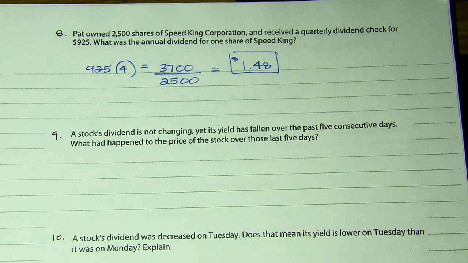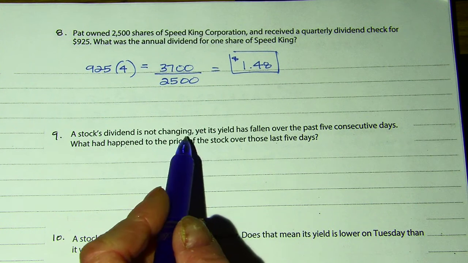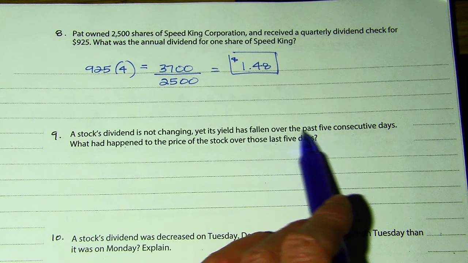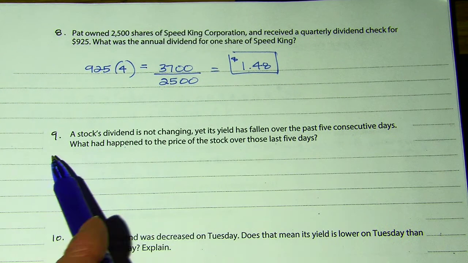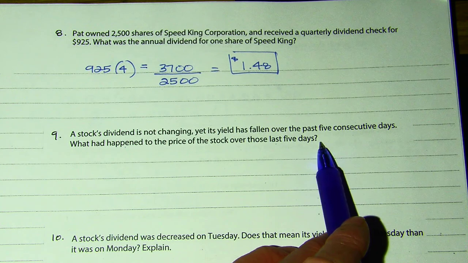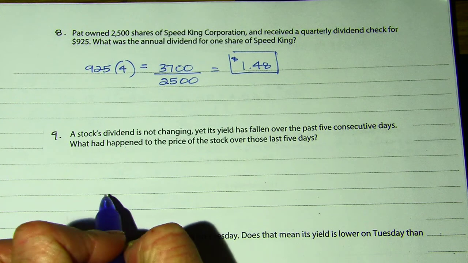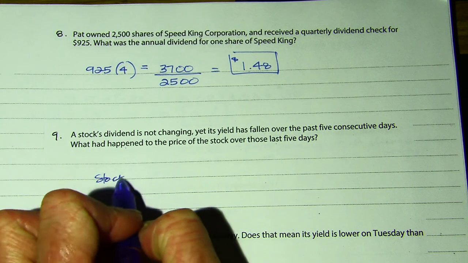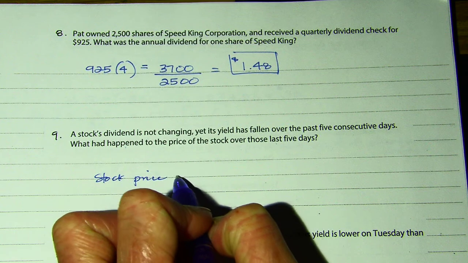All right, now the following goes over what happens and how do we know. I saw it on your homework. I don't know if it's in the computerized one. But a stock's dividend is not changing, but its yield has fallen over the past 5 consecutive days. What has happened? Well, that means that our stock price must be going up.